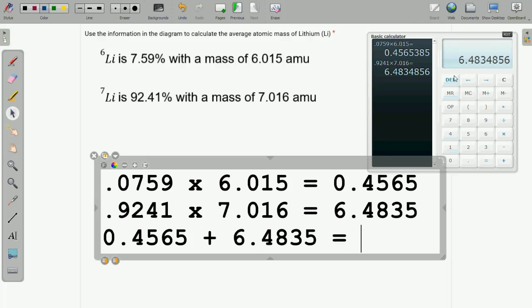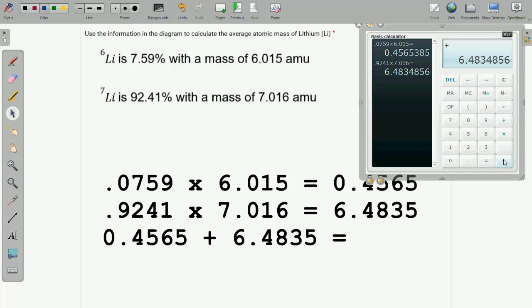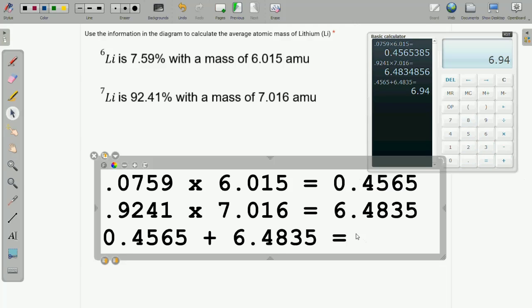And so, let's see, plus, oops, I thought it would give me the answer, but I guess not. All right. 0.4565 plus 6.4835 equals 6.94.